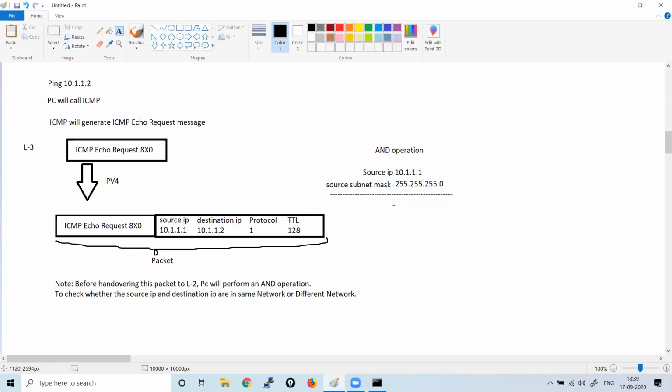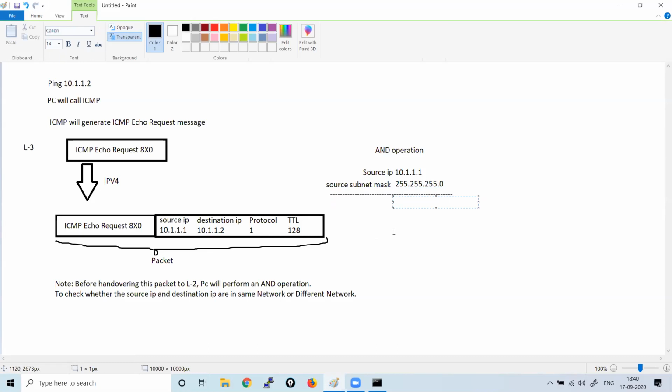What does it say? Any value which is non-zero is the same number. Am I correct? Yeah. So what should we get here? 10, then 1, then 1, then 0. Correct? This should be the value.